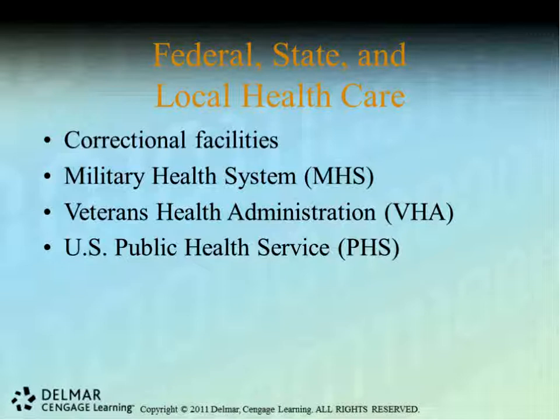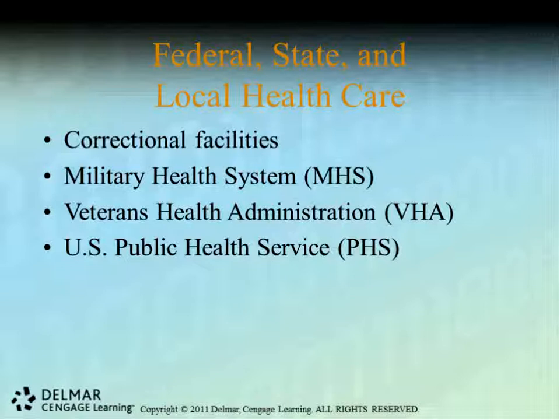Also, under your federal, state, and local umbrella, you've got your military. Those people who are in the military or veterans have different mechanisms for their health care as well. So there's a military health system. You've got your active military.